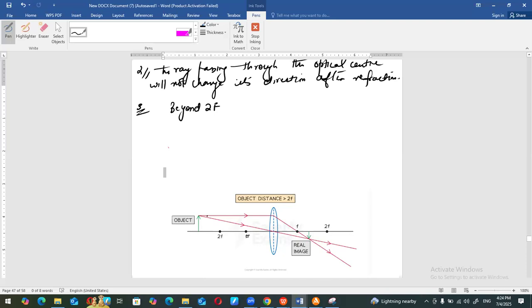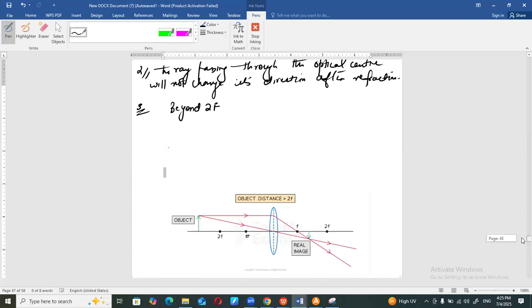If you check it out, the ray which is parallel to the principal axis, this arrow means the head of the object is in upward direction, right? A ray which is parallel to the principal axis, after refraction, passes through the focus. And the second ray that is passing through the optical center will not change its path. Where these two lines intersect, you draw a line and the arrow is directed in the downward direction.